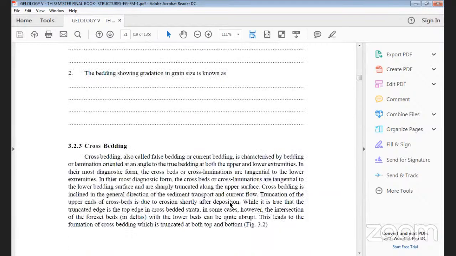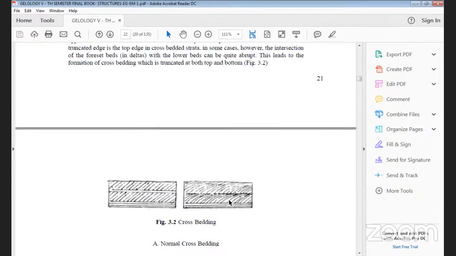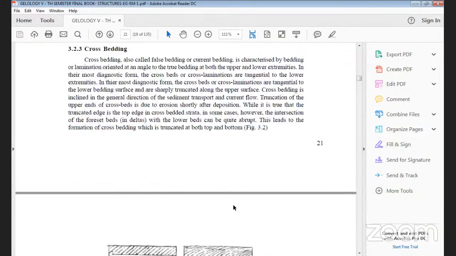Then cross bedding. In cross bedding, the lamination orientation changes; the angle changes when it is formed as a bed, upper and lower.